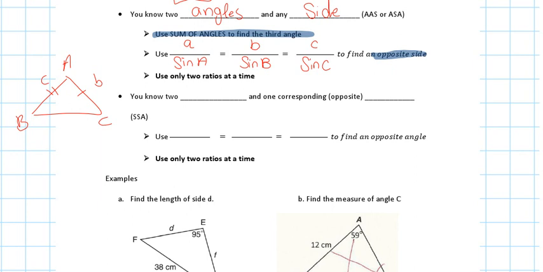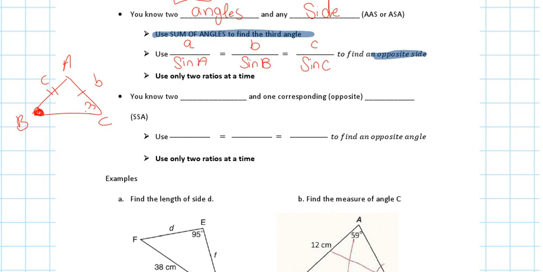Let's say they gave me angle B here. Then because I know angle B and side B, and I know side C, I can solve for angle C using the ratios. Again, in this scenario, I must be given three things to solve for the fourth one.